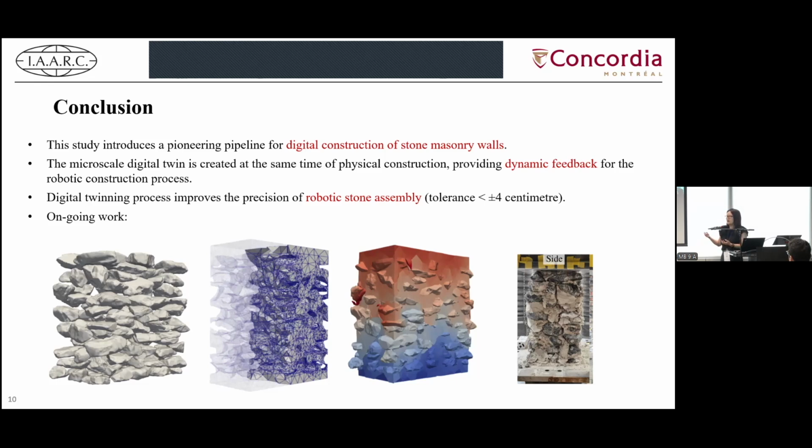Also, the digital model that we obtained enables micro-scale simulation, which can predict much more accurately and precisely the behavior of the wall that we constructed. Here are some simulation works that we're doing right now, showing how we use these digitalized micro models for simulation.